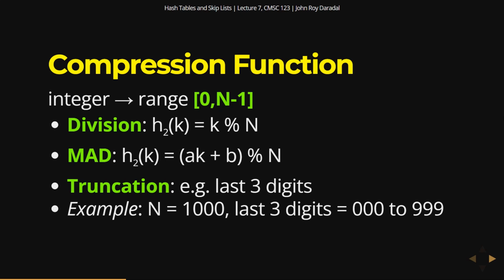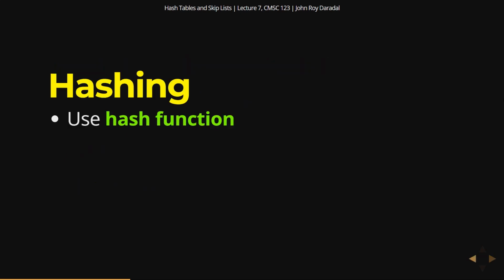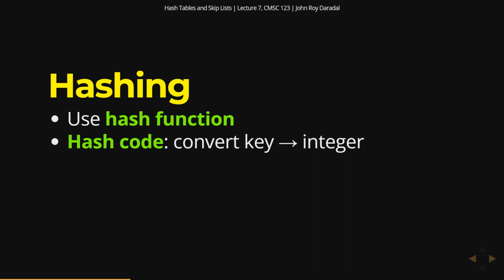You can even design your own compression function, as long as you make the integer fall into this range. Whatever computation you do, it's up to you. Okay, so those are the two parts of the hash function. So again, hashing is all about using the hash function to transform the key to an integer.